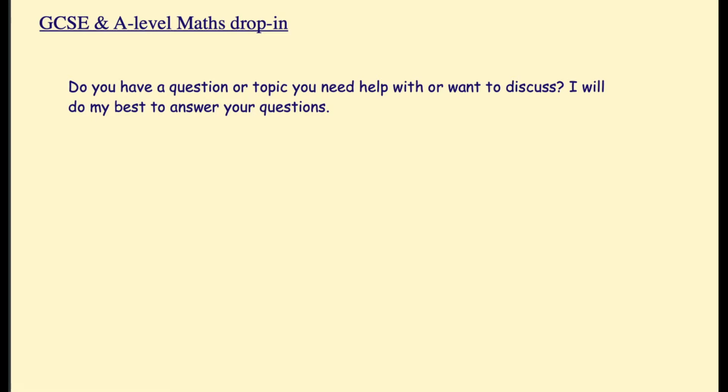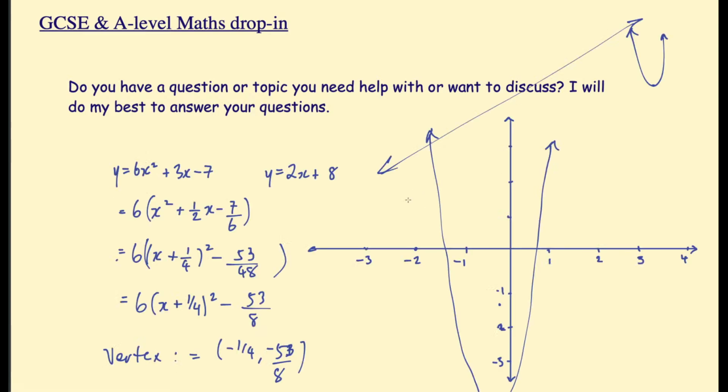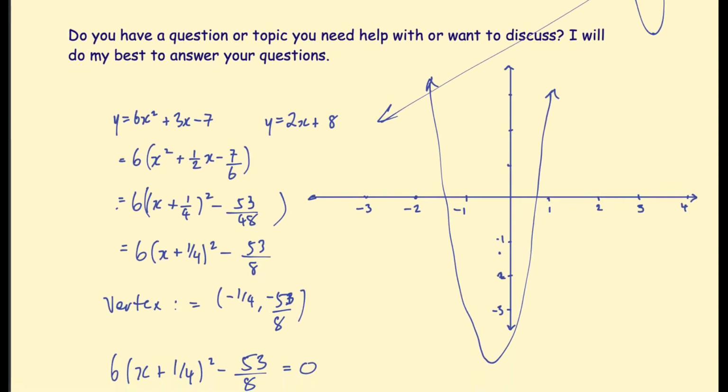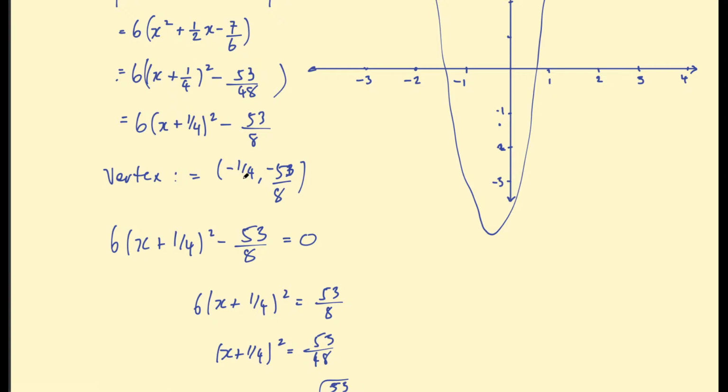Okay, so if you have other questions, feel free to post them. Okay, so just going back to that, if you're wondering why I said, the question was to solve this graphically. Solve graphically. And we ended up with a vertex of -1/4, -53 on 8.